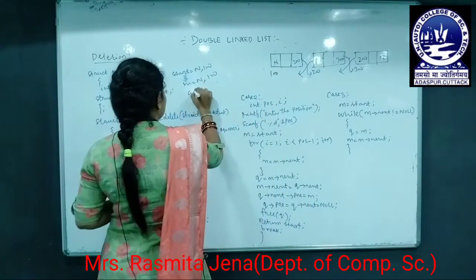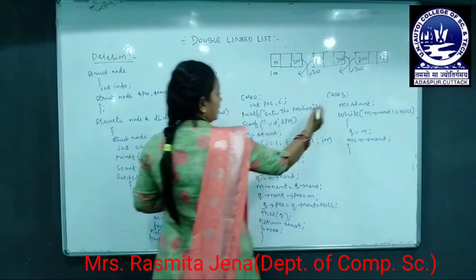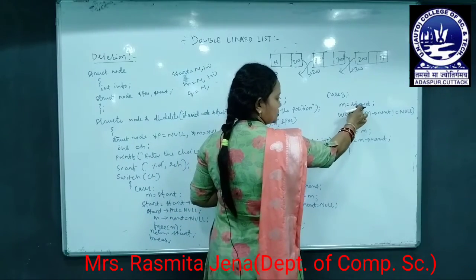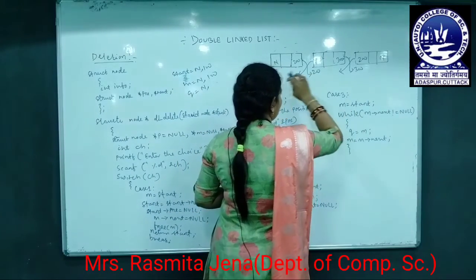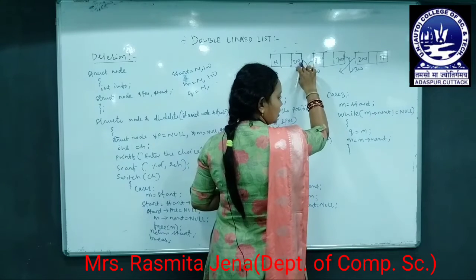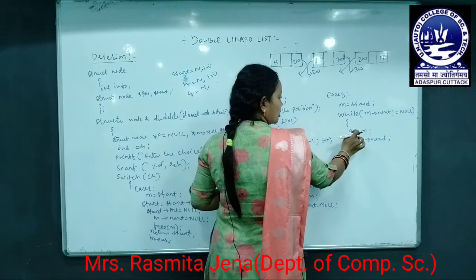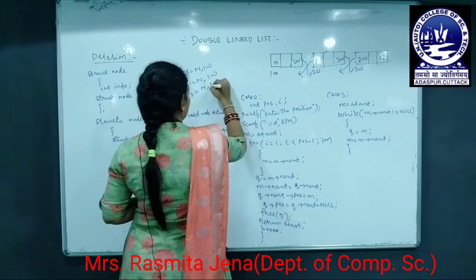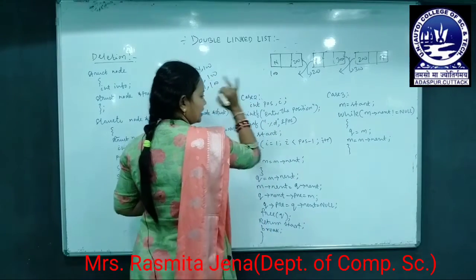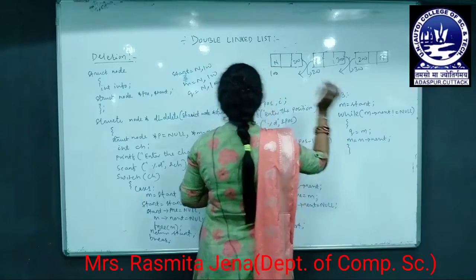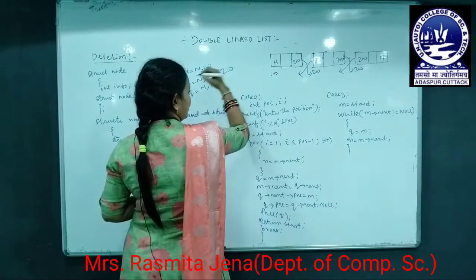So initially q is null, m equals to start, that is m equals to 100. 100 next is not equals to null, the condition is true. So q equals to m, q equals to 100, m equals to m next. So m becomes 200.